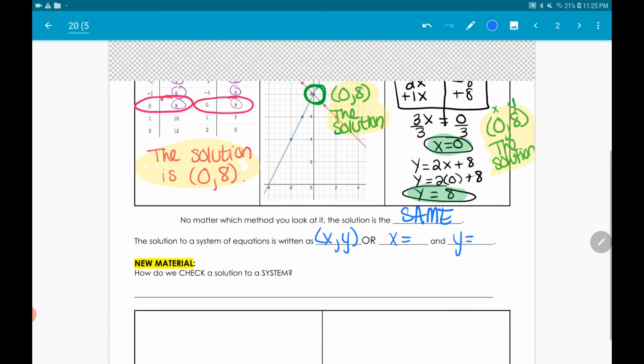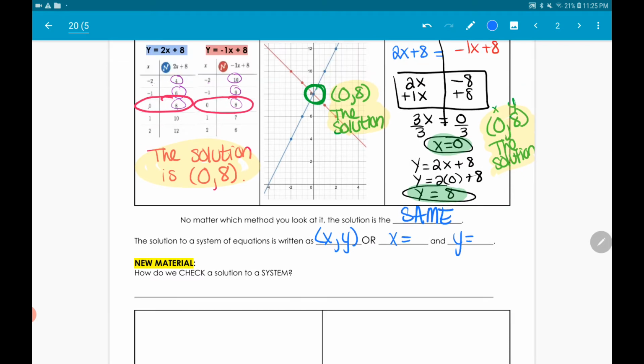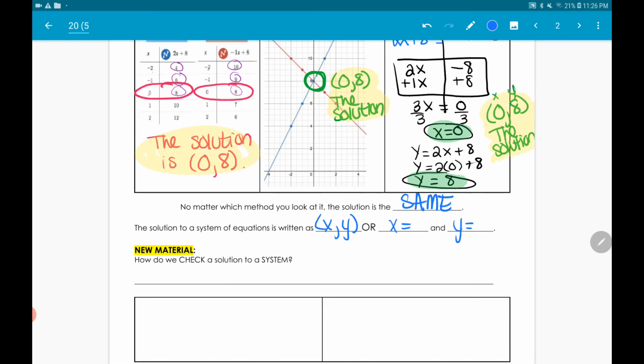How do we check a solution? All right, so it's really similar to back when we used to check for equivalence, but now we're just checking for a system. All right, so here's what we're going to do. We're going to plug in x and y into both equations.